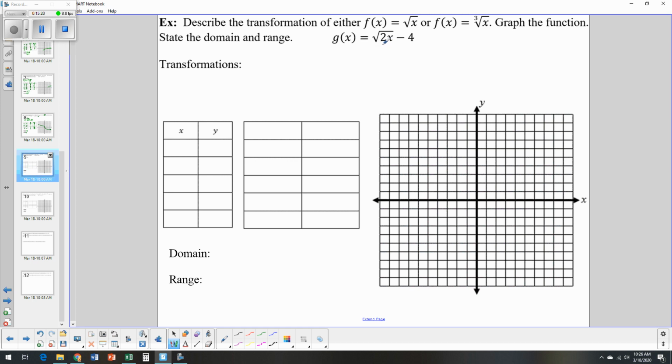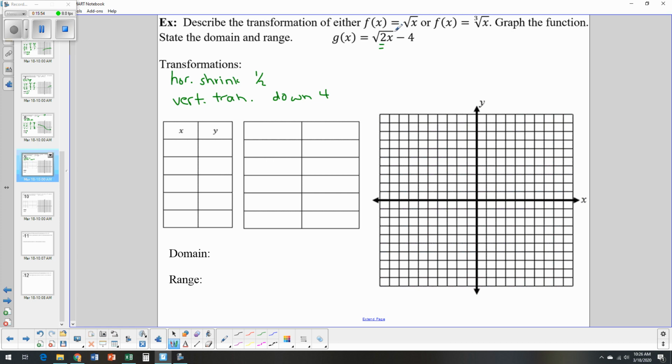This one has the 2 on the inside. We know that that means it's a horizontal stretch or shrink. And if it's a 2, we're going to take the reciprocal of that. So that's 1/2, so that's a shrink. Horizontal shrink of 1/2, factor of 1/2. And then the -4 on the outside is a vertical translation 4 down. Okay?